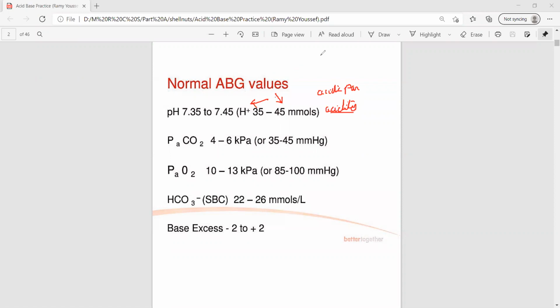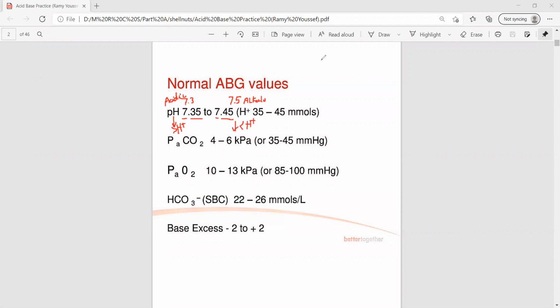The normal value is from 7.35 to 7.45. If we go to 7.5, this is an alkalotic condition. If you go to 7.3, this is an acidotic condition. So I have more hydrogen here, and less hydrogen here.